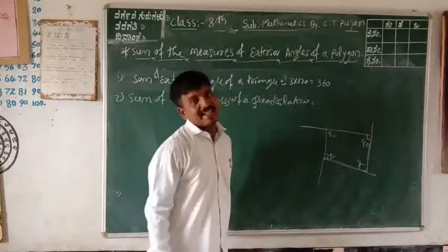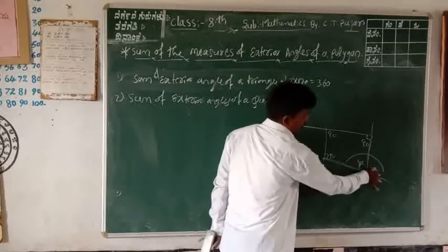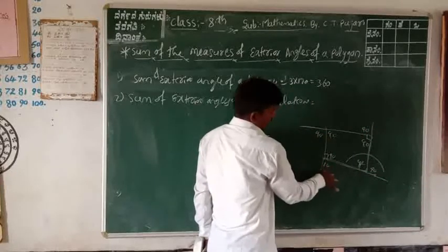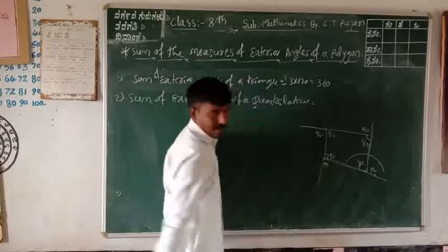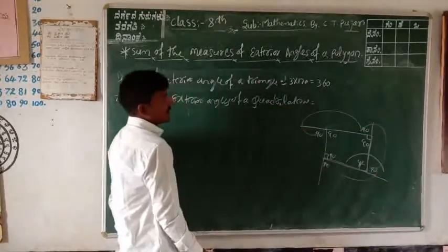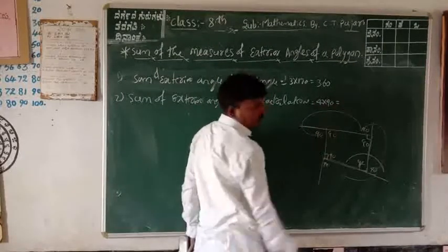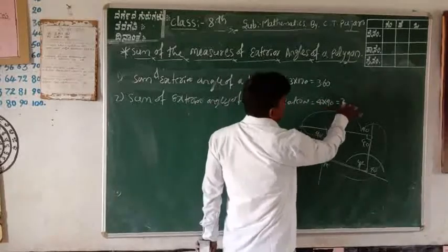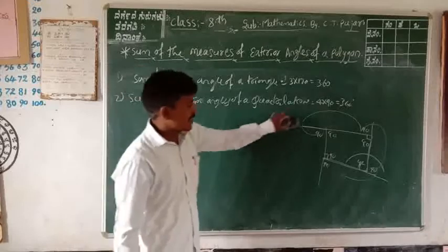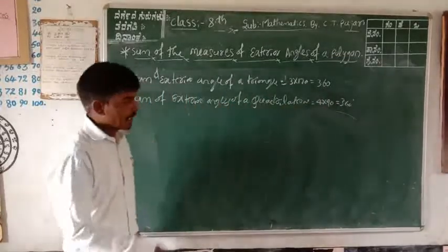Again consider the linear pair: one angle is 90 degrees, and this is also 90 degrees. Therefore the exterior angles 1, 2, 3, 4 are here. 4 into 90, 4 nines are 36, so this is also 360 degrees. The sum of the exterior angles of a quadrilateral is 360 degrees.